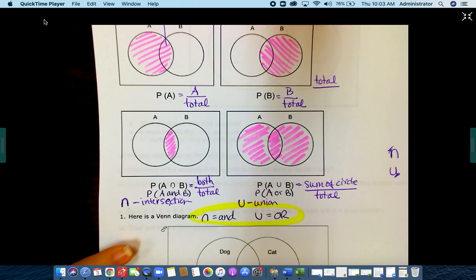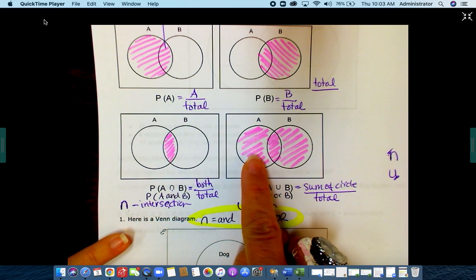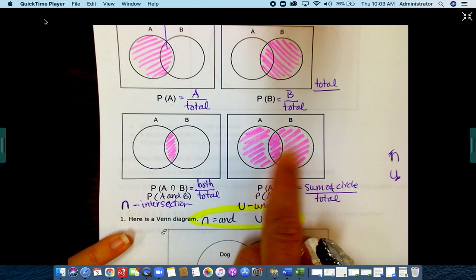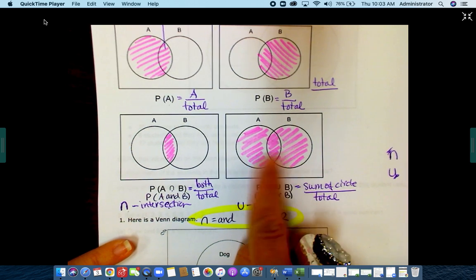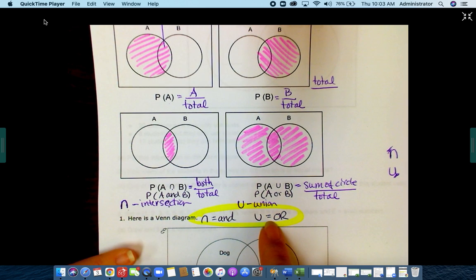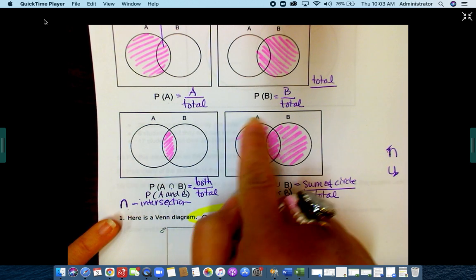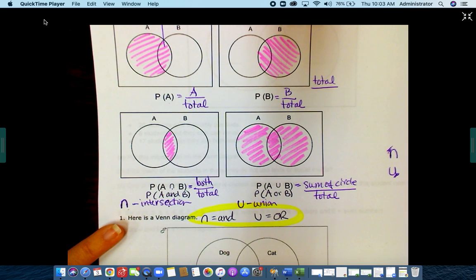If they would say, hey, students who like apples or bananas, come here and get a snack, well, these people would come get a snack, and these people would come get a snack too. They would all come, so they get included. So think about union being way more inclusive, like a family reunion or a wedding, a bunch of people getting together, a union.